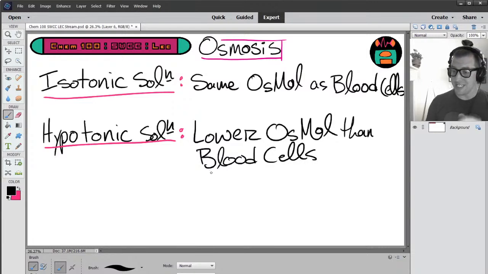So if you ingest a hypotonic solution, which has a lower osmolarity than your blood cells, solvent will flow from your bloodstream into your blood cells, causing them to inflate or possibly burst.